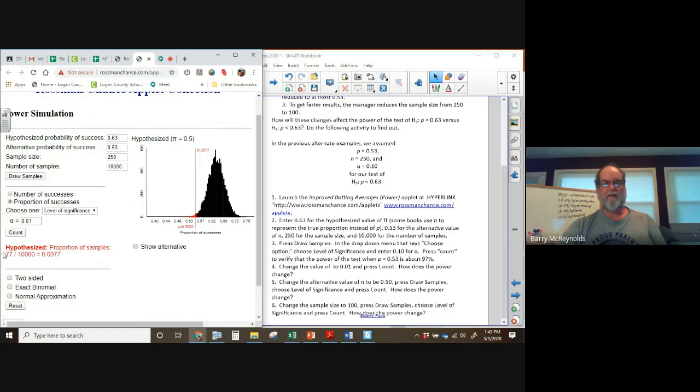Only 77 of the samples had a p hat low enough that would fit in this region. And this region here accounts for 1% of the area.